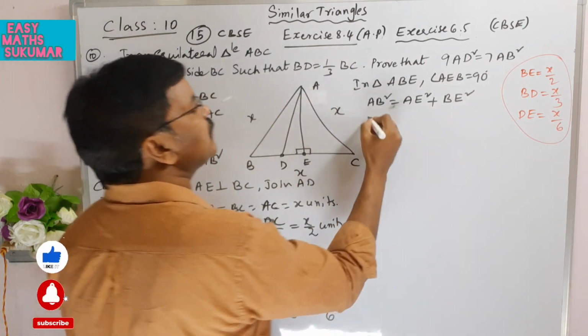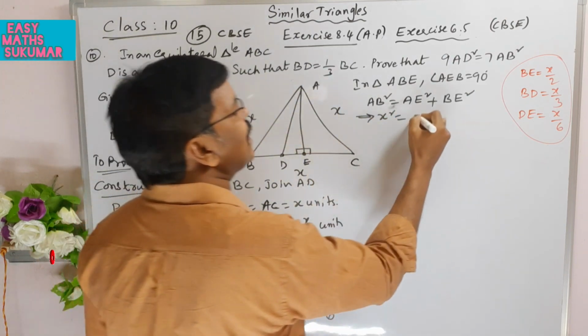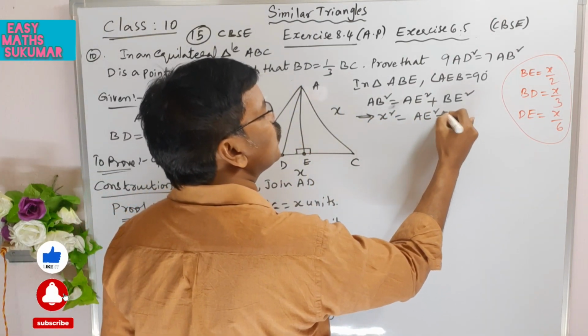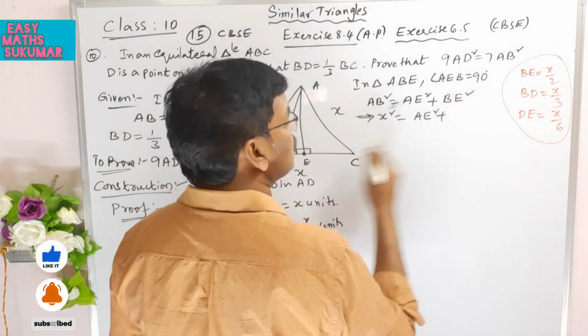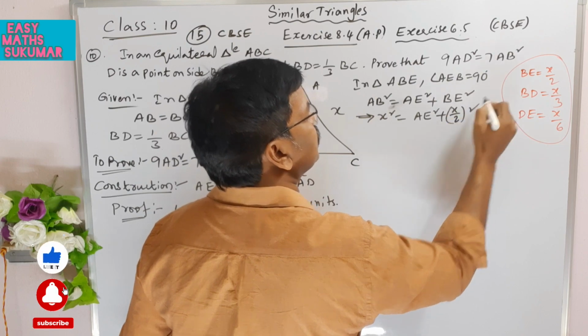So AB square, that is x square, is equal to AE square, which is unknown, plus BE square. What is BE, my dear students? Here, x by 2 whole square.